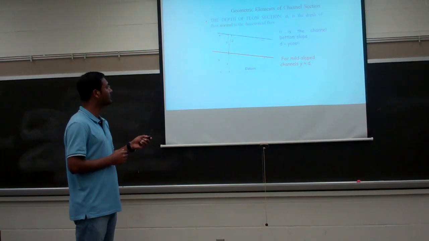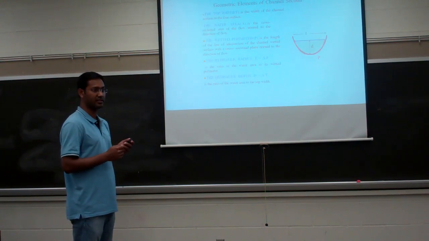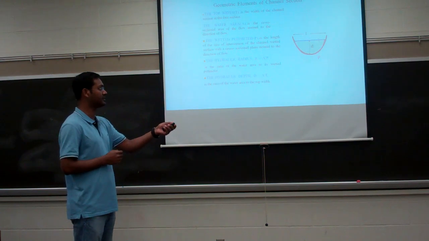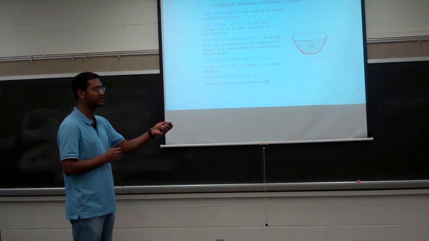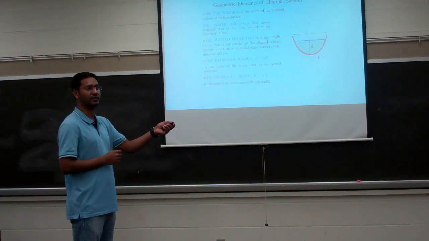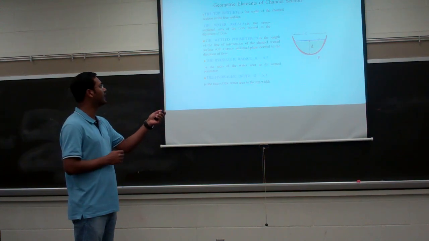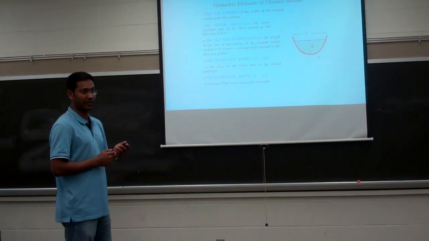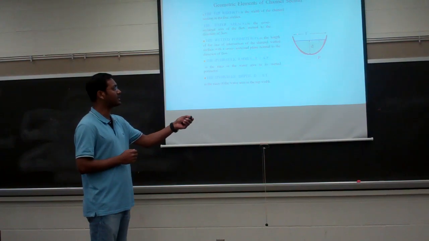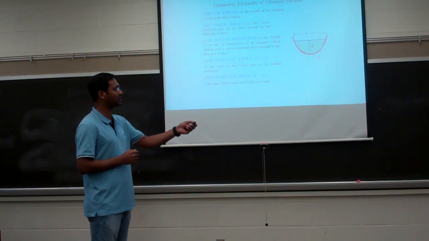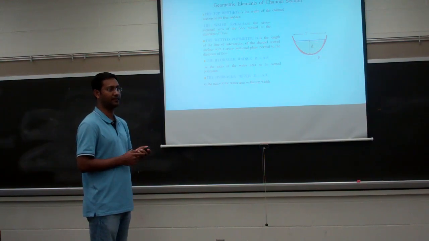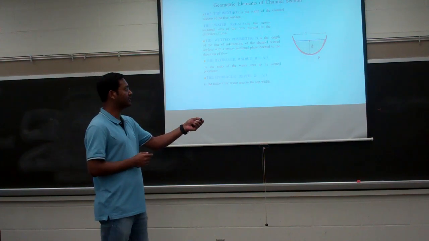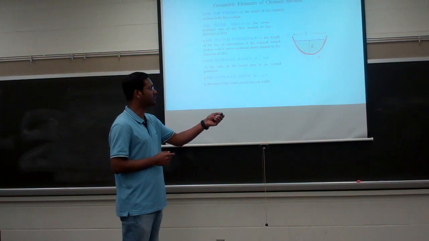See here, our channel section has a top width. If this is a section which is nearly parabolic, it has a top width. And then the water area. If the channel holds a depth of water like D, this shaded area is called water area. And what is the wetted perimeter?